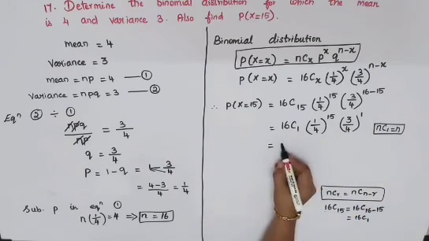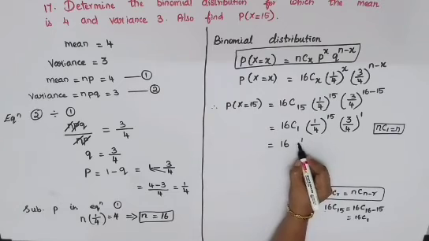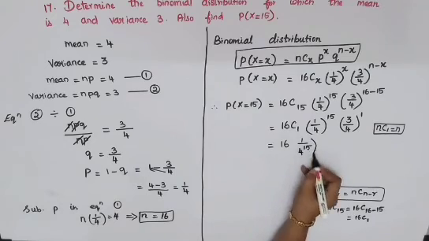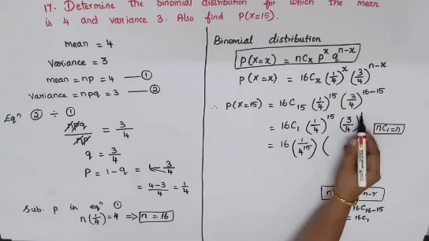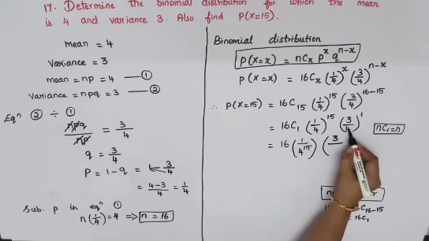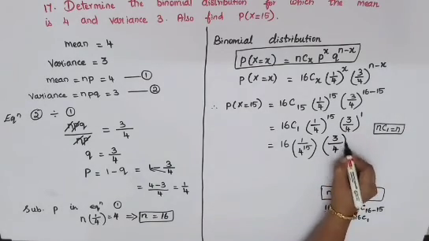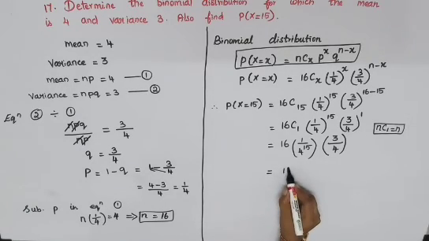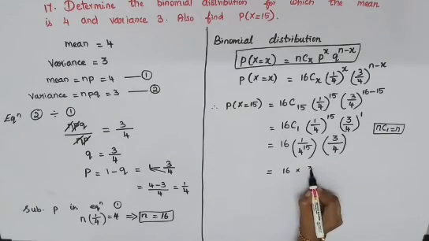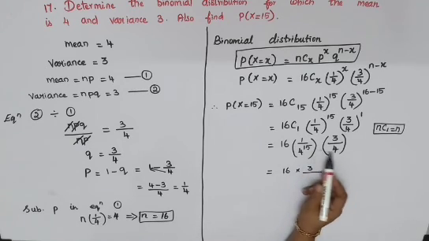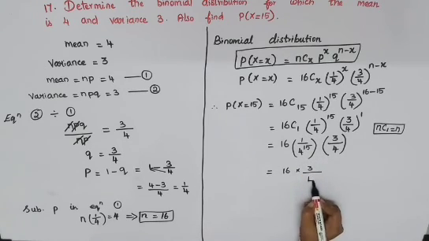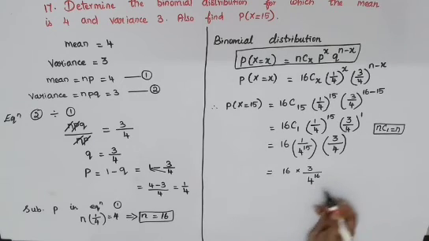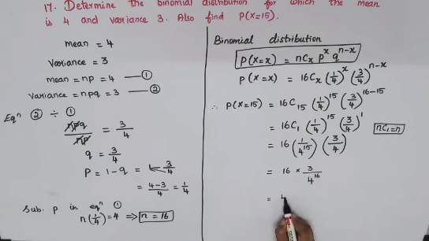Okay, so 16c1 will become 16, 1 by, this is 4 power 15, so 4 power 15 in the denominator, into 3 power 1 is 3 divided by, again 4 power 1 is 4, equal to 16 into 3 divided by 4 power 15 into 4 power 1 will become 4 power 15 plus 1 will become 16, which is equal to 16, you can write it as 4 square into 3 divided by 4 power 16.